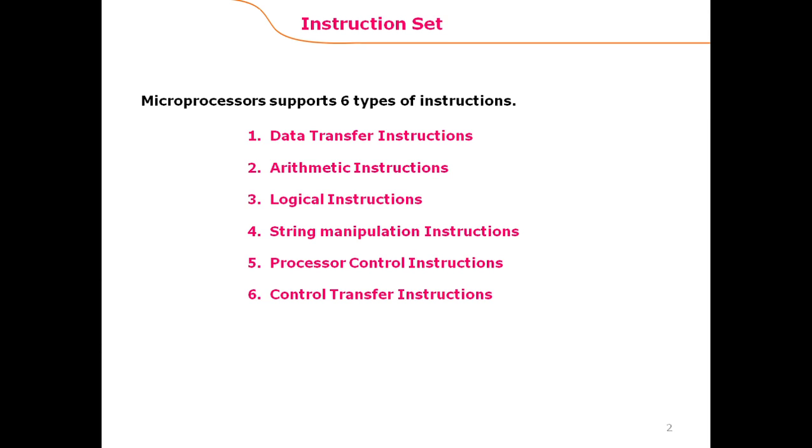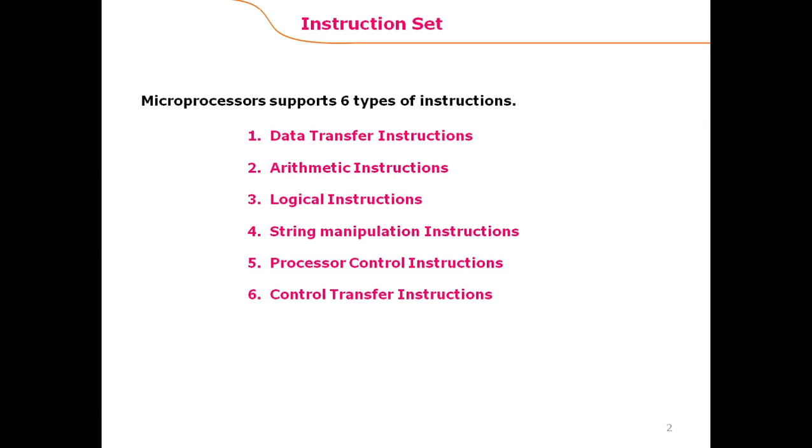The fifth type of instructions is processor control instructions. These instructions control the microprocessor, for example, setting the carry flag or clearing the carry flag. Similarly, setting the direction flag and clearing the direction flag.